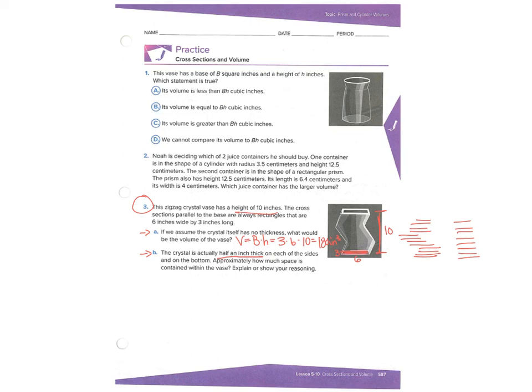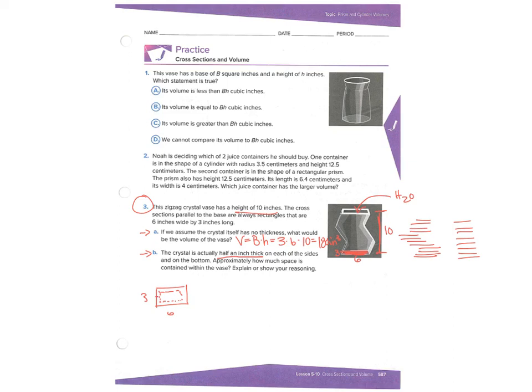So how does this change if my glass has a thickness? Well, if you can imagine, your volume, if you fill this with water, is the amount of water that goes inside. So now if your glass has a thickness, your base area is really not 3 by 6. If I look at my base, this is a vision of my base that was 6 by 3. If I give my glass some thickness on all sides, then when I pour my water in, I'm not really filling a base area that's 3 by 6.